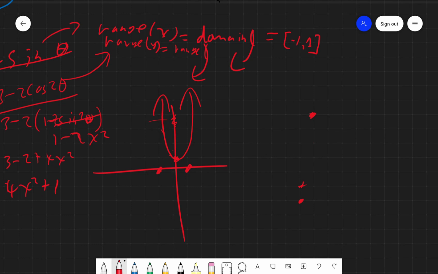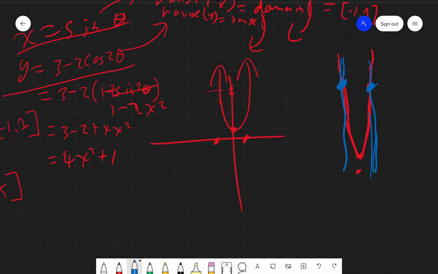So our graph looks something like this, right? But since we're only limited to -1 and 1 as our domain, we get cut off right there. Since we have square brackets, we're including this. And then the range will be cut off at 1 to 5.